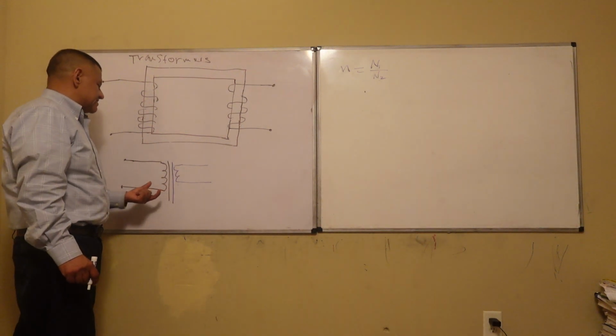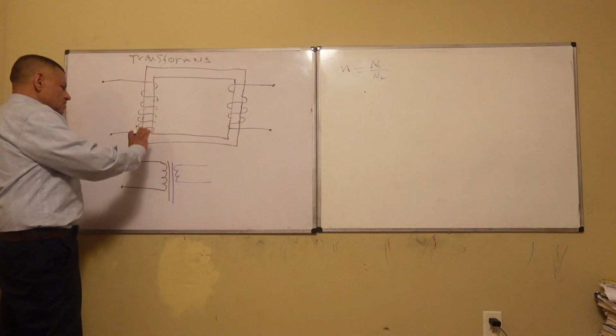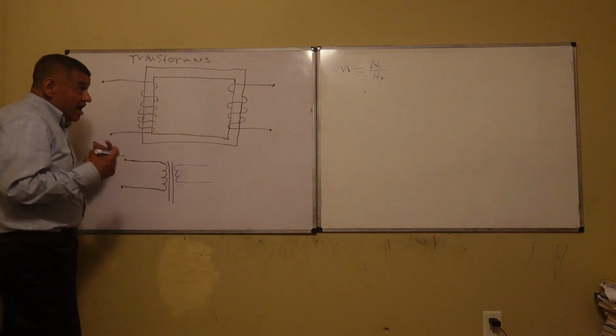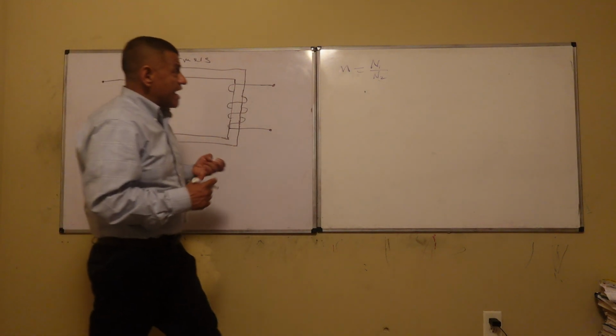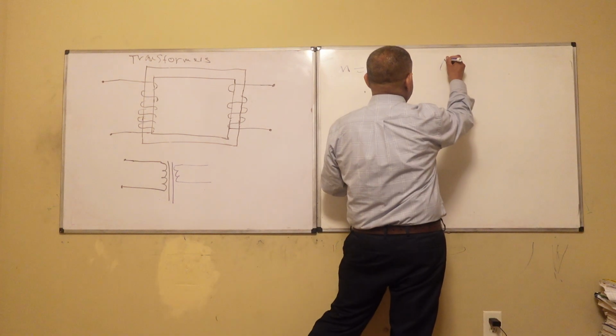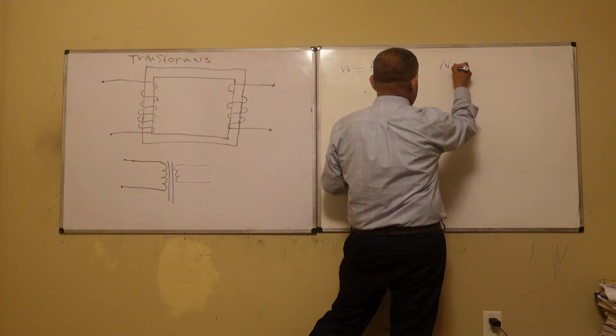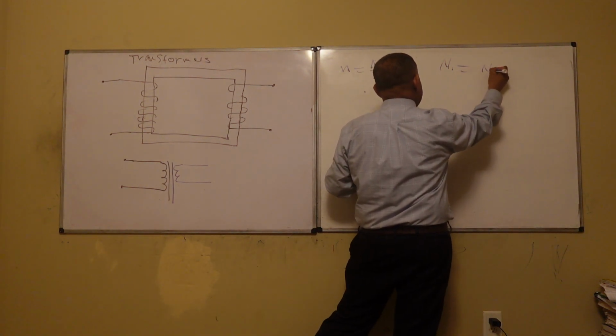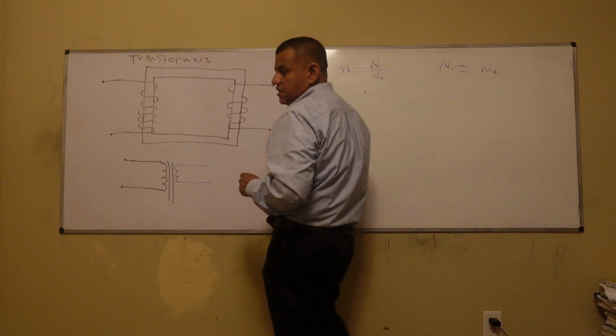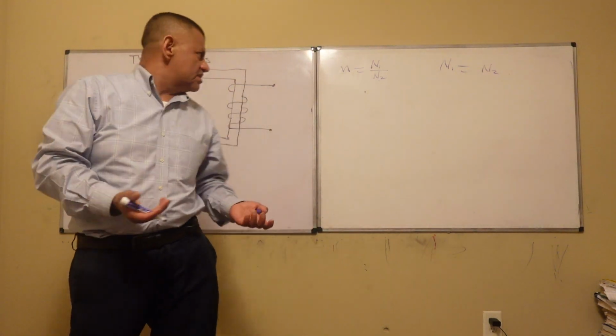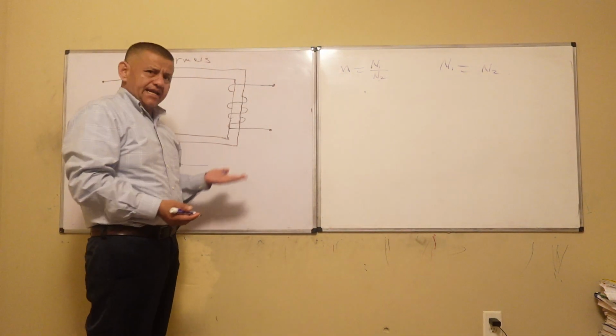That's how you have a transformer, right? But if N1 equals N2, then you're not going to have a transformer because you're not changing anything.